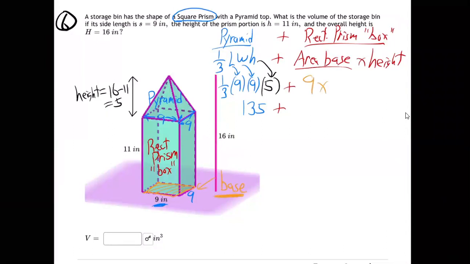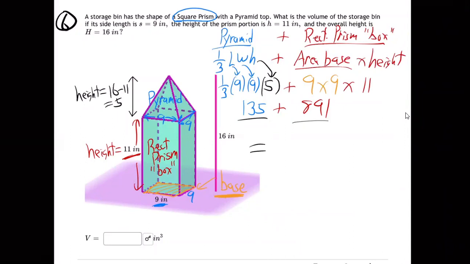It's 9 by 9, length times width times the height, and the height of the prism is 11, isn't it? So there we go. We'll put those together. I'm getting 891.